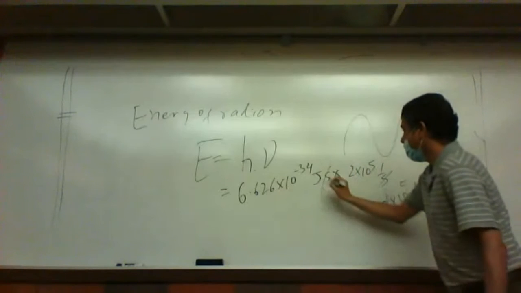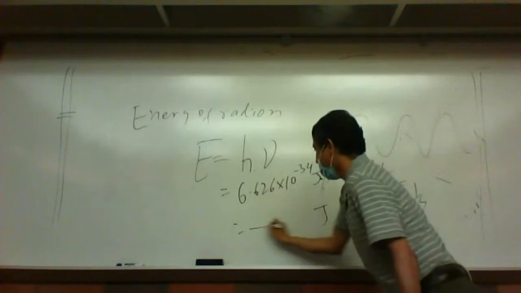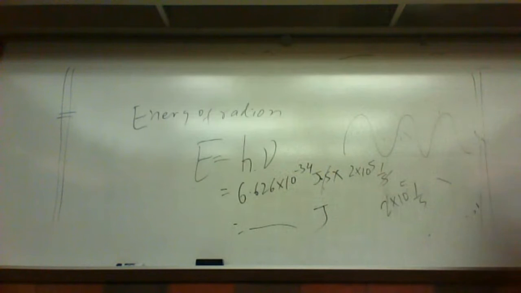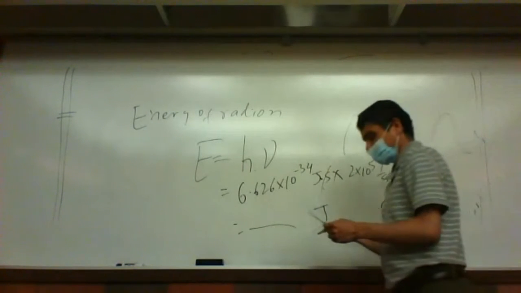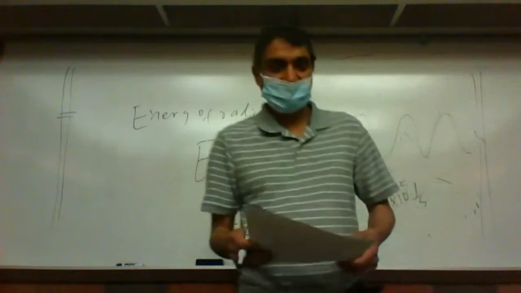So 1 by second cancels, and then there is a joule. You multiply this number with this number and you get the joule. So just by knowing the frequency, you can calculate how much energy is in that wave. Make sense? By knowing the wavelength, frequency and Planck's constant, we can calculate everything.